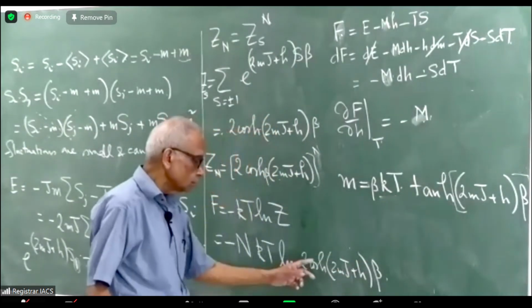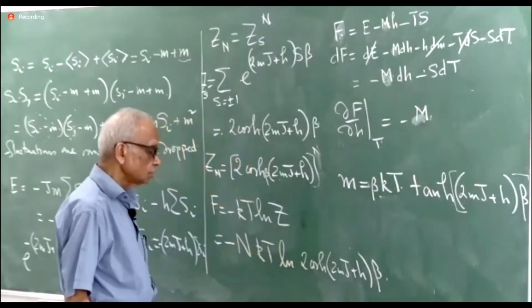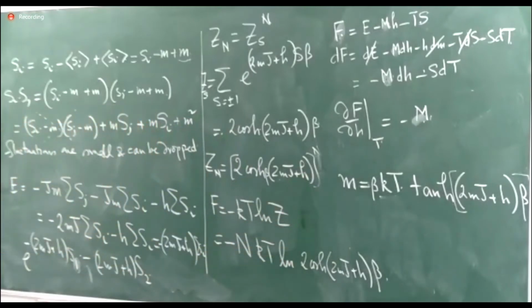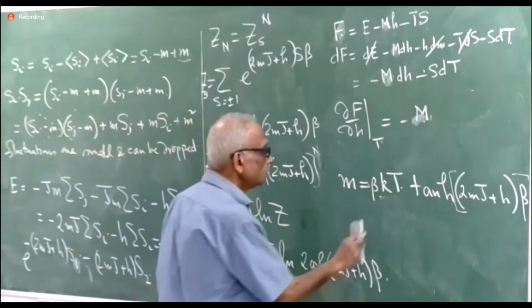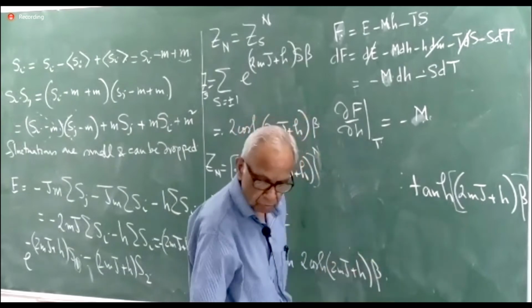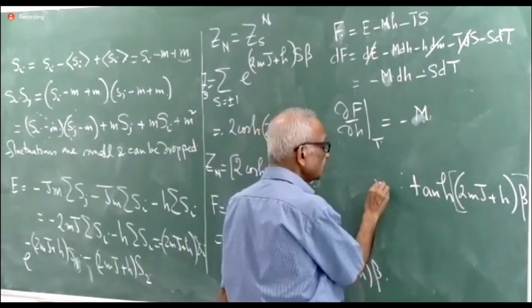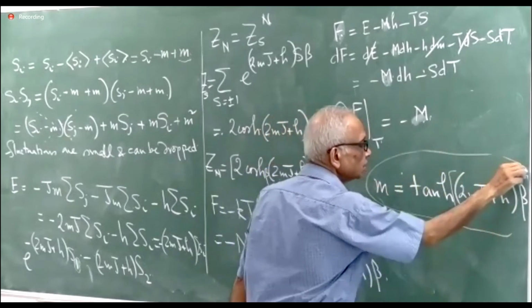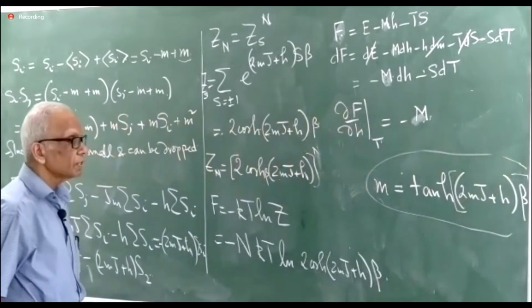It's a log 2, and then it is a log cosh, and so that's not there. So m is equal to beta kT, and beta kT is equal to 1, so out goes this, and I have m equal to, so the magnetization is to be obtained from this condition over here.